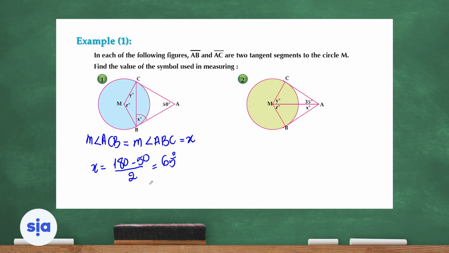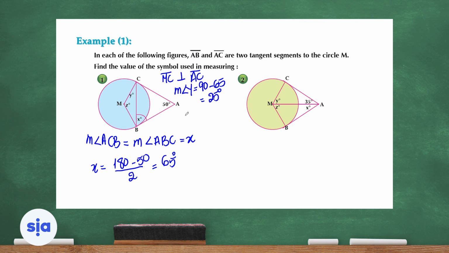Then, since MC is perpendicular to AC, therefore, the measure of angle Y equals 90 minus 65, which is 25 degrees. Angle Y for sure is angle BCM that is labeled by Y.